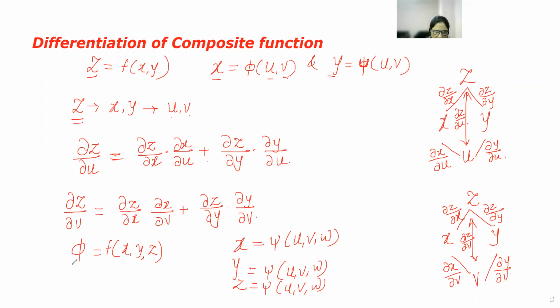Now I am taking the derivative of this phi with respect to u, v, w, by using that chain rule. How are we writing here? Look at this. Phi is a function in x, y, z, where x, y, z are functions in u, v, w.